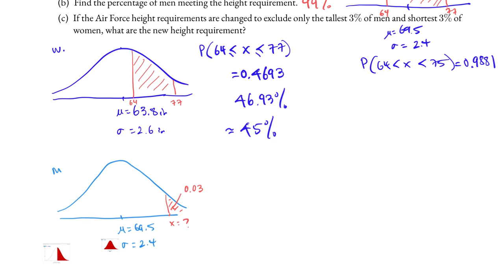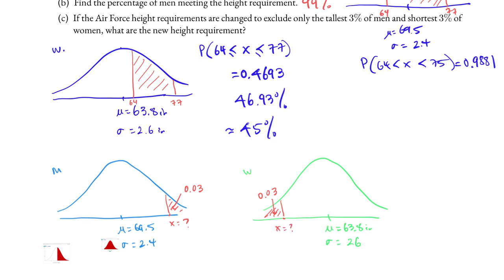Similarly, for the woman, we would draw another bell-shaped curve, label the mean height for woman 63.8 given in the problem, and the standard deviation is 2.6. For the woman, we want to exclude the shortest 3%. So the probability on the left-hand side is 0.03. And we're looking for this corresponding x value.